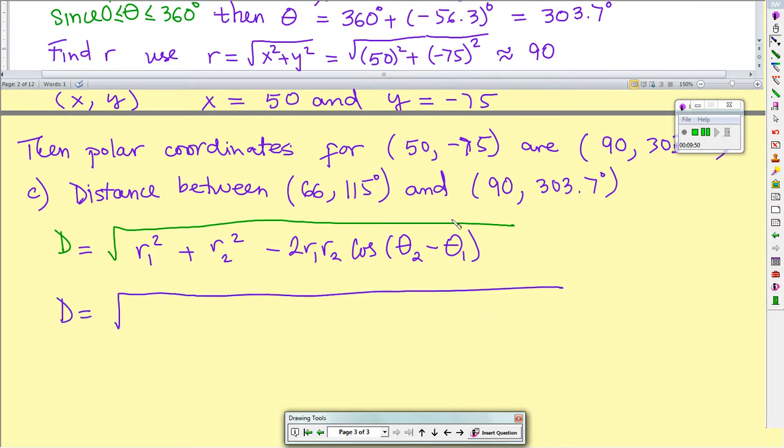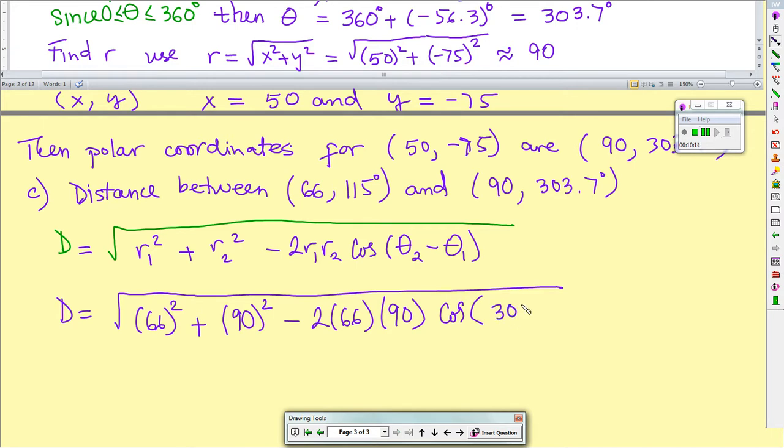Our r1 is 66, so put 66 squared, r2 is 90, 90 squared, minus 2 times 66 times 90 times cosine of 303.7 degrees minus 115 degrees.